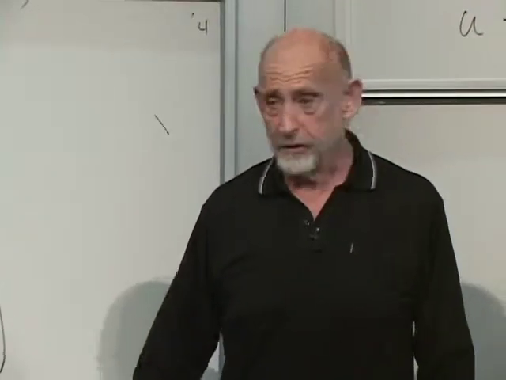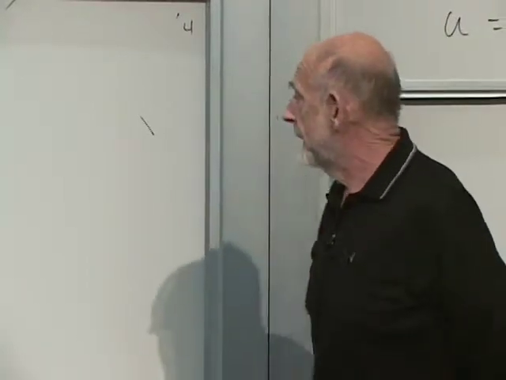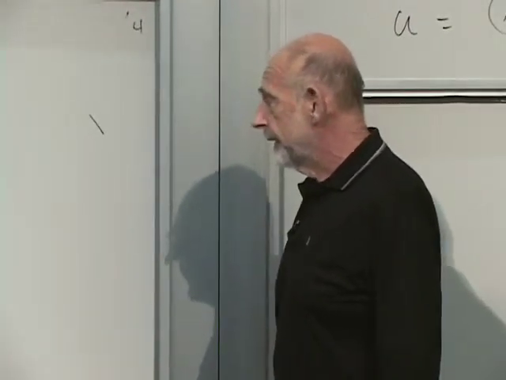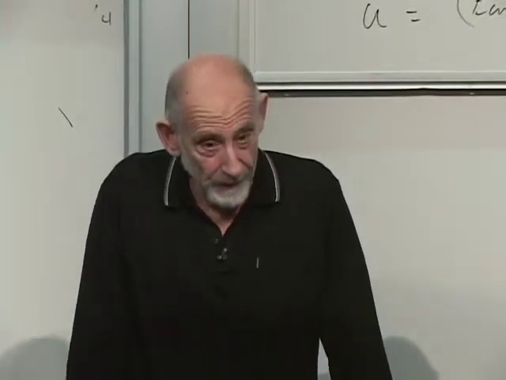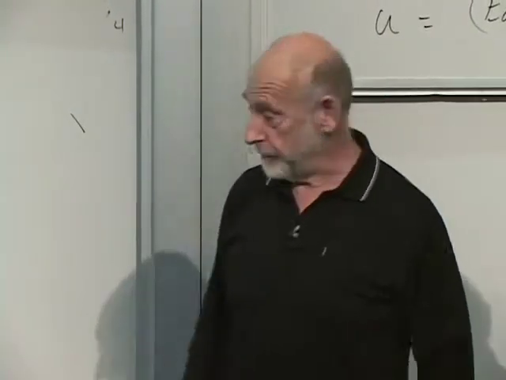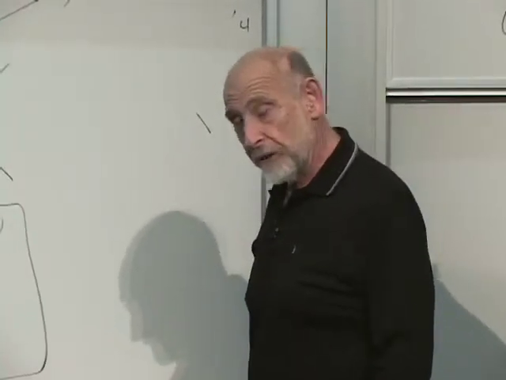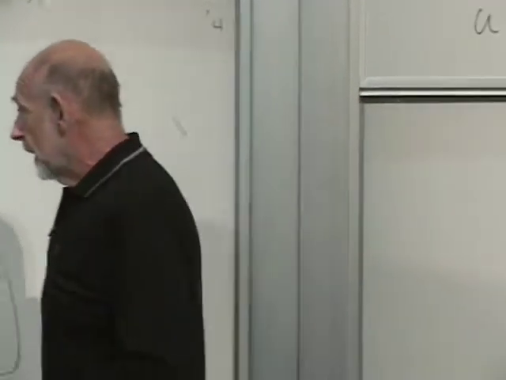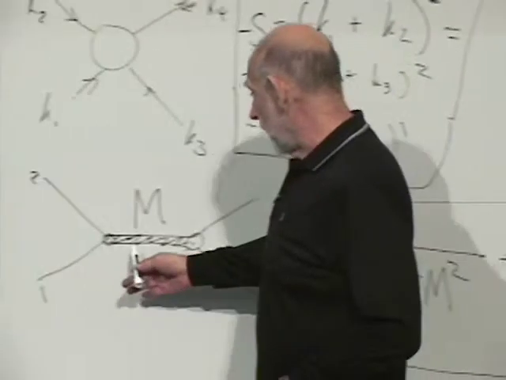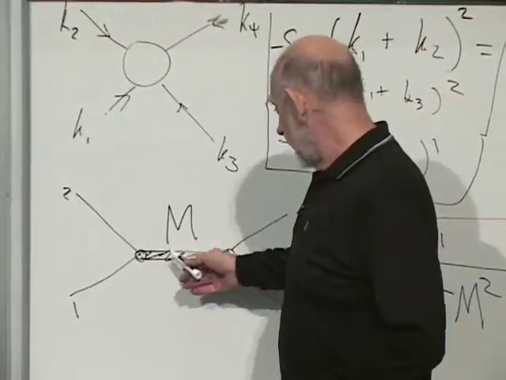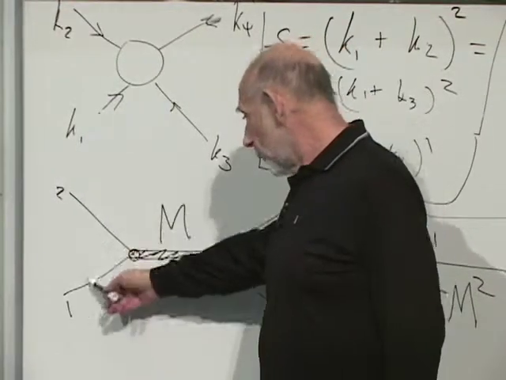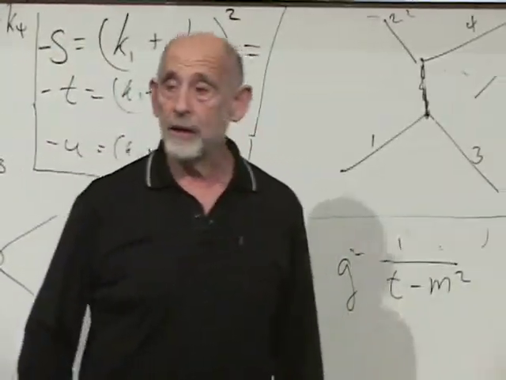This does not describe the scattering of mesons, for example, very well. It gives a poor description of the scattering of mesons, and the reason is simple. The reason is that there are many, many different particles that can be produced when two mesons collide.